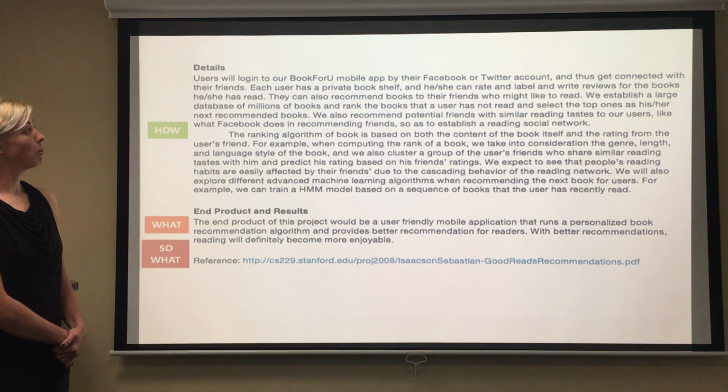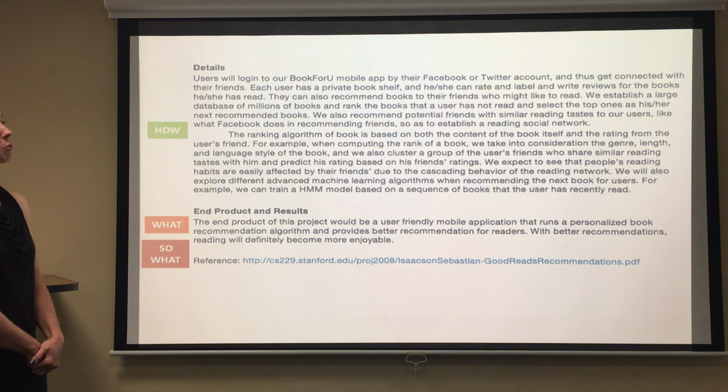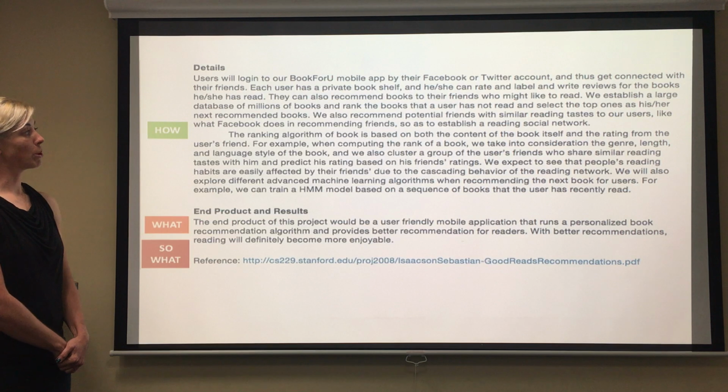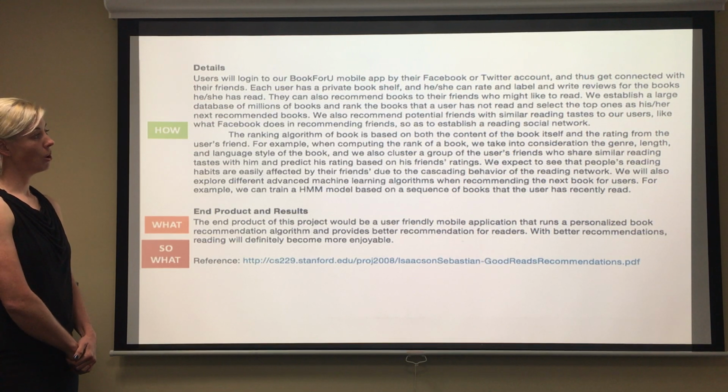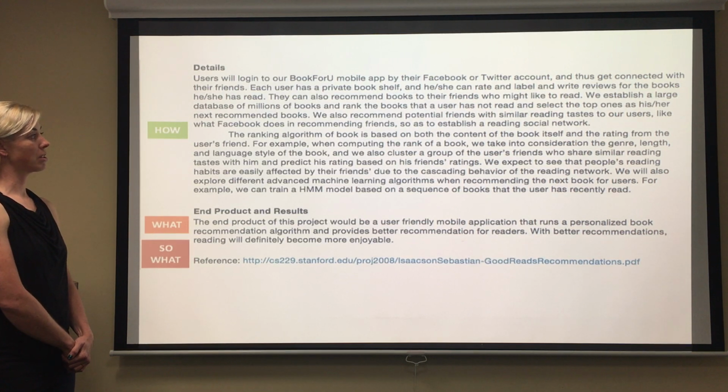Users will log into our Book for You mobile app by their Facebook or Twitter account and thus get connected with their friends. Each user has a private bookshelf and she can rate, label, and write reviews for the books they have read. They can also recommend to their friends who might like to read a specific book. We establish a large database of millions of books and rank the books that a user has not read and select the top ones as his or her next recommended book.